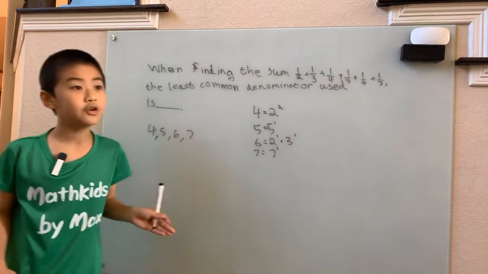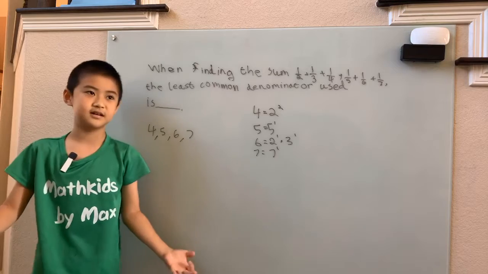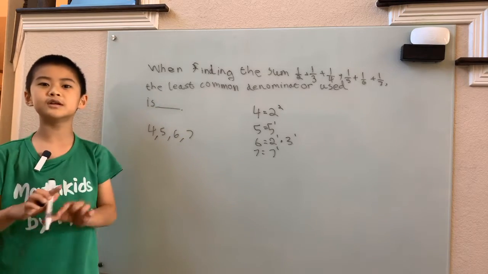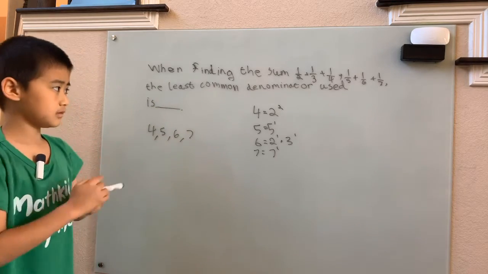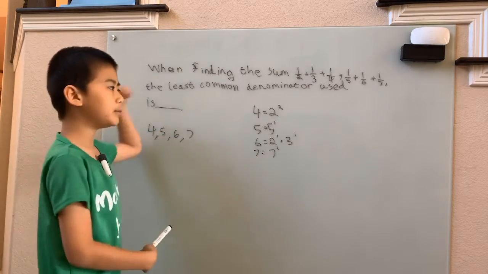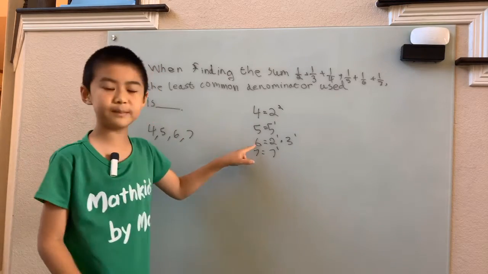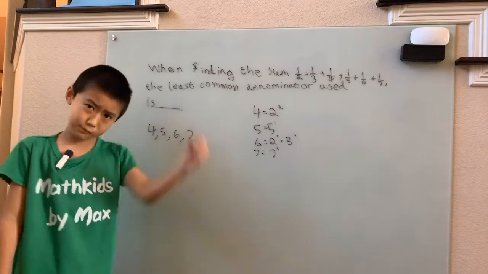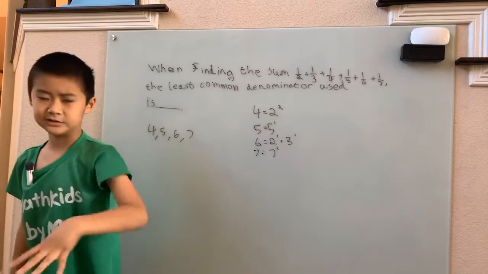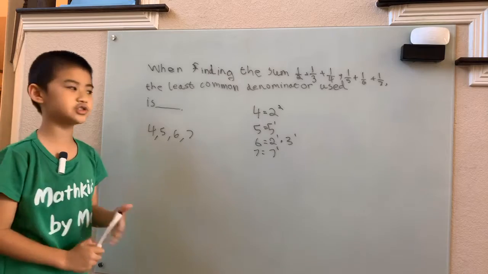Now you might be thinking, why largest? Isn't picking the largest thing going to result in a larger number? Well, here's the thing. We have 2 squared and 2 to the first. According to the rule, we want to pick 2 squared. But you might be thinking, least common denominator, we want to pick the least factors of our numbers. Well, look at that, 2 to the first.